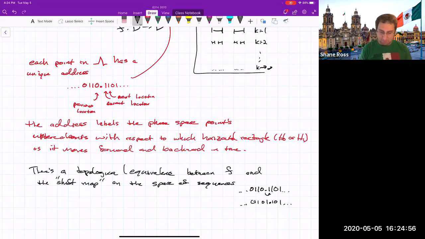So the shift map takes in a sequence, let's say S_n, and I'll label the shift map as sigma. It says, okay, where are we at time n+1?